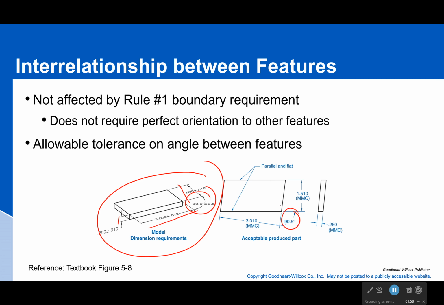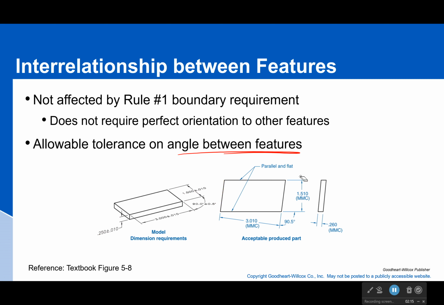However, that angle can still be off, and so the relationship between those different dimensions will be off. The only thing that controls the relationship is the allowable tolerance on the angle between the features, not these tolerances right here, not their size tolerance. Remember this, otherwise you're going to have some very strange situations happen to you.